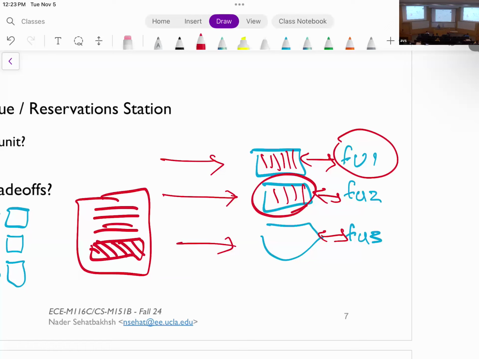If for any reason this queue is full, I cannot put things here, because if this has to be scheduled to functional unit 2, I cannot change it. So it's a difference between sharing all your resources versus dedicating them to individual functional units. Of course, you can use more sophisticated scheduling algorithms. For example, if you do some form of round robin, then hopefully you have the best utilization among all your functional units. But just keep in mind that you have these trade-offs.